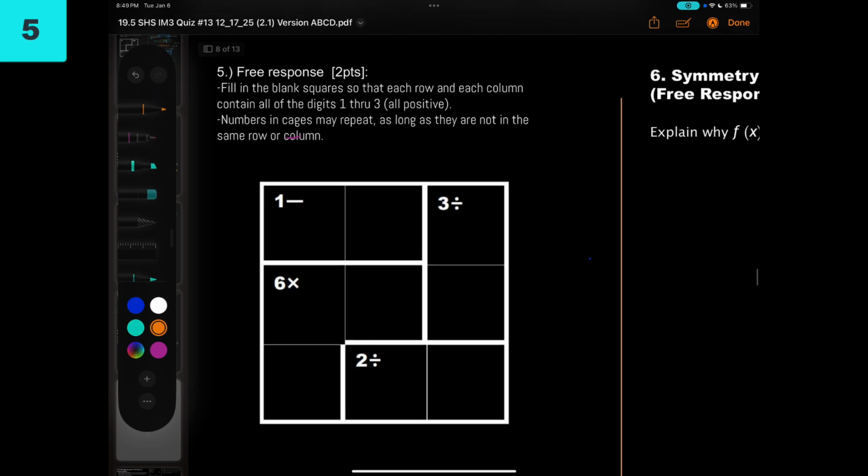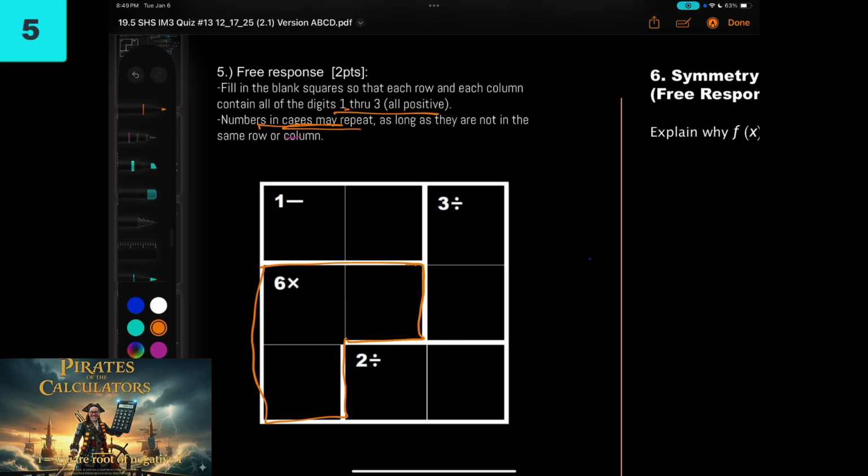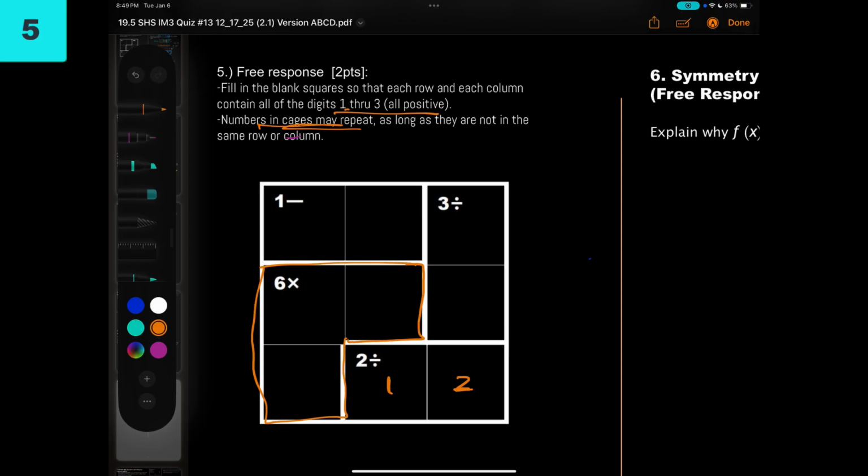Okay, question number 5. We can use the numbers 1 to 3. In cages, you can repeat numbers. So that cage you could repeat. Okay, I want to try 1 and 2, because that is 2 divided by 1 equals 2.